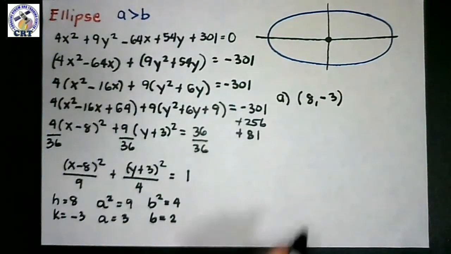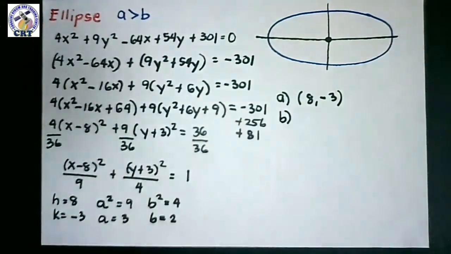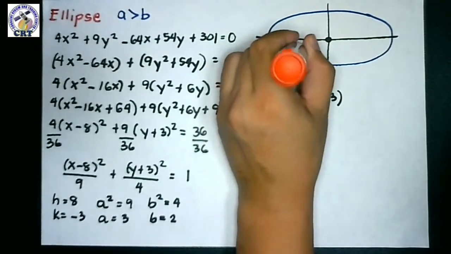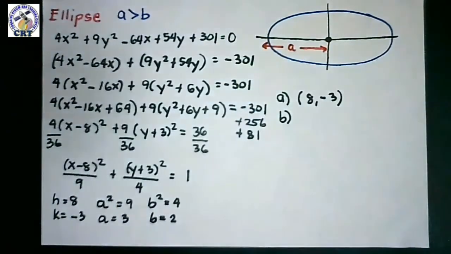Okay? Letter B. Ang question natin sa number 15, letter B, semi-major axis. Ano ba ang semi-major axis? Dito, sa drawing ng ellipse, ito ang semi-major axis. Okay?